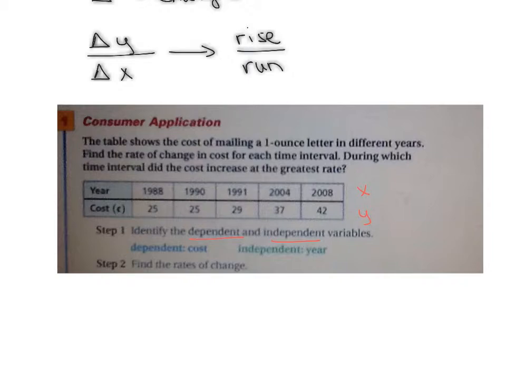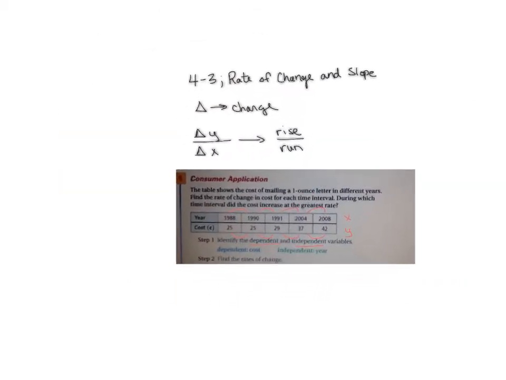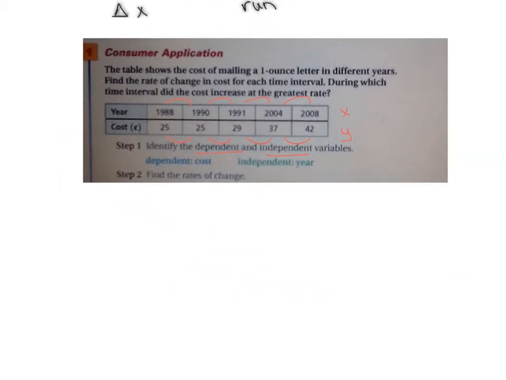So what we have to do is we are looking at these two, and then these two, and these two, to find the rates of change, okay? And we want to find the change.